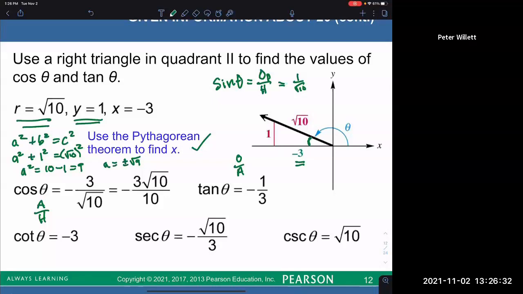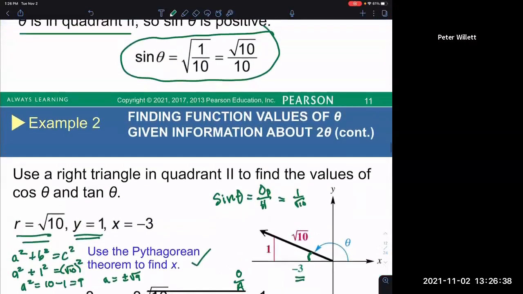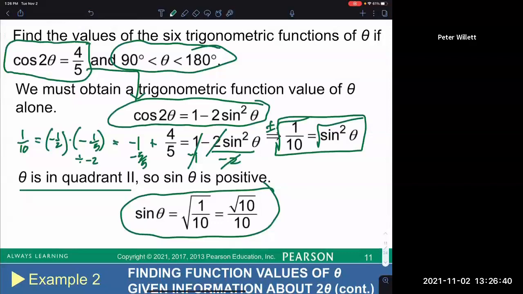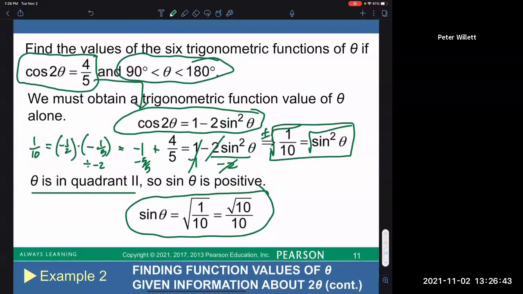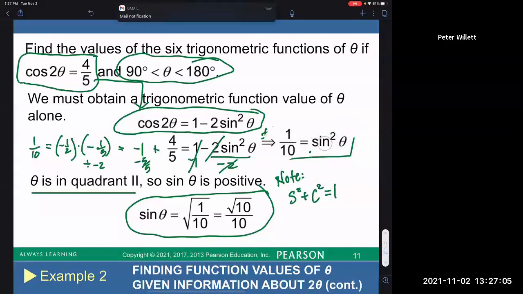Now, without setting up this big triangle, we could have used the sine value to get the cosine value. Let me just demonstrate that in case all of that triangle stuff was confusing. So I'm just going to put a note here on how we could find cosine. I'm going to put sine squared plus cosine squared equals 1 in the very short notation. We already know sine squared is 1/10.